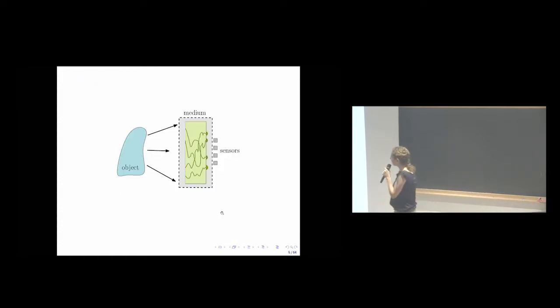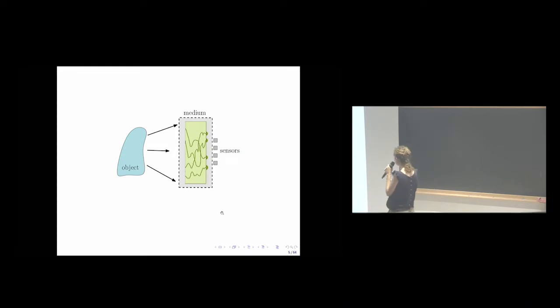To make things more concrete, let's say that you have an object which is emitting something. It could be light or sounds, and these emissions will be propagating into a medium, and this medium combines in a certain way the information emitted from the object.